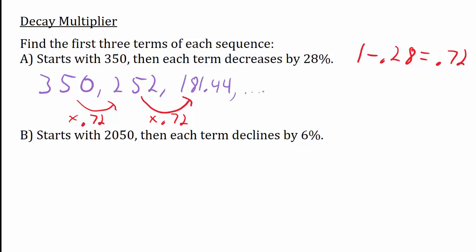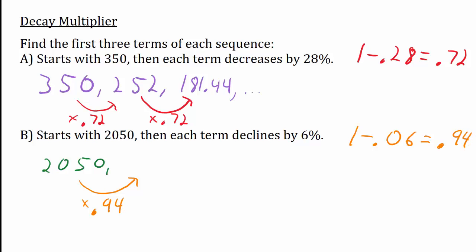Now it's your turn. Your sequence starts with 2050, then each term declines by 6%. When we lose 6% each time, we're keeping 94%, so we repeatedly multiply by 0.94.